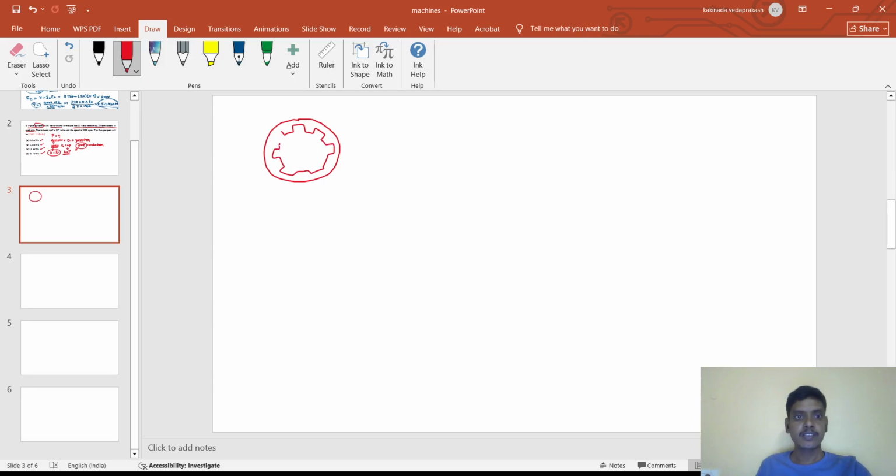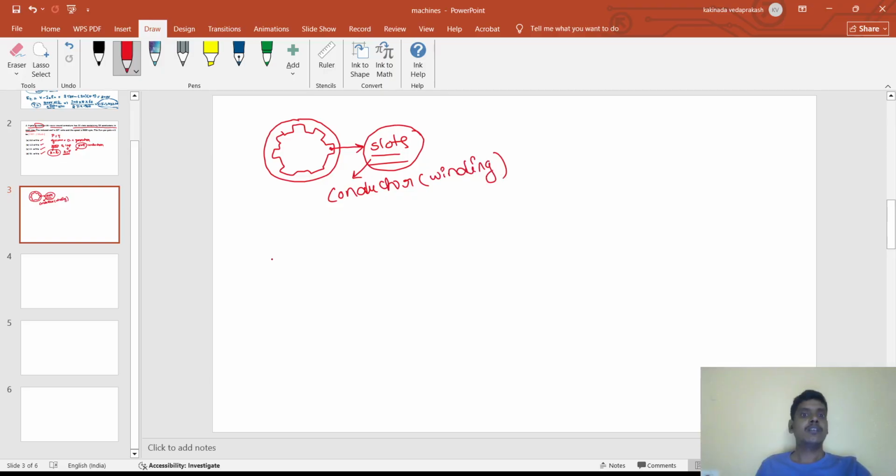This empty space is called a slot. The interior surface of the stator or outer surface of the rotor is provided with a number of slots. These slots are used to keep the conductors. Conductors means winding.